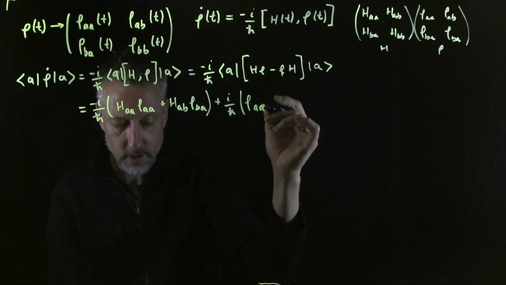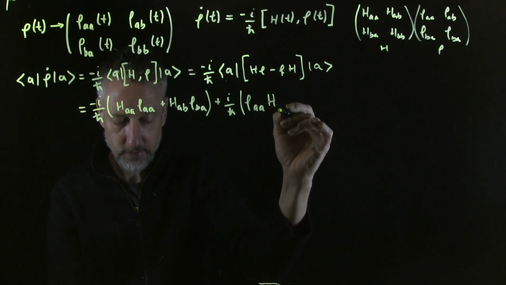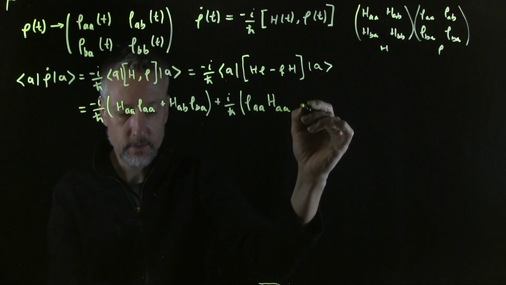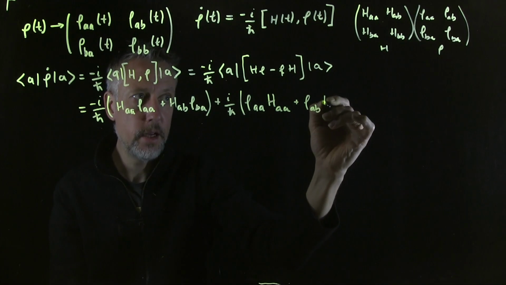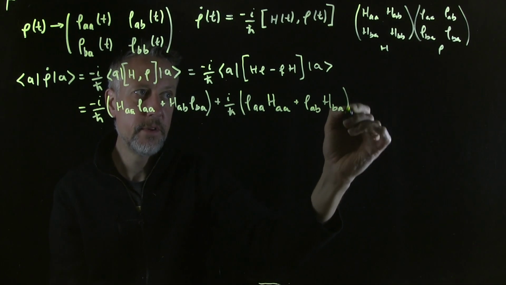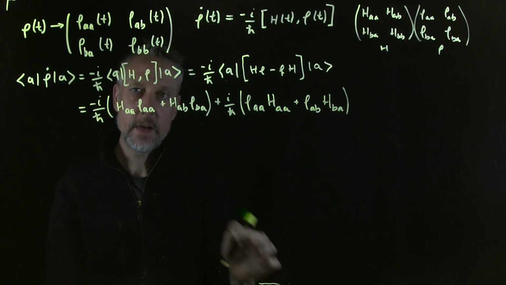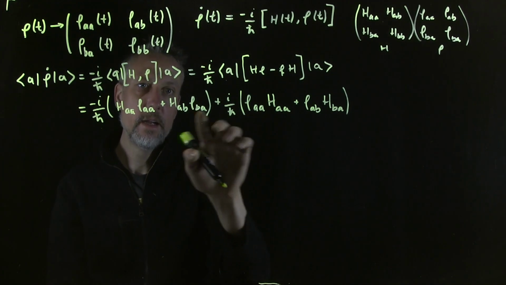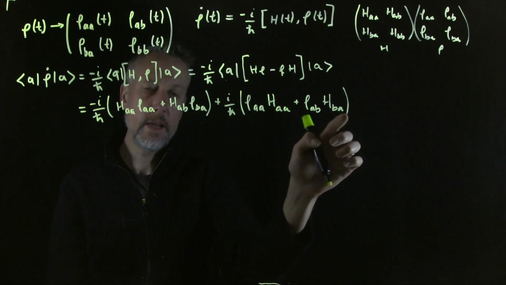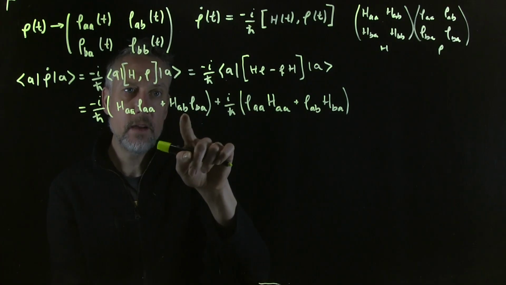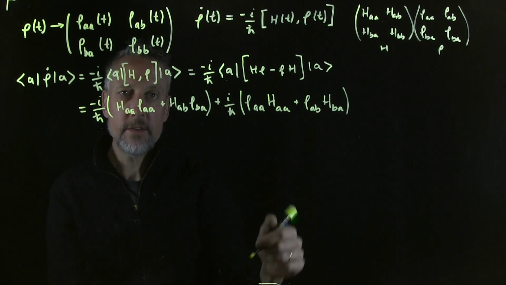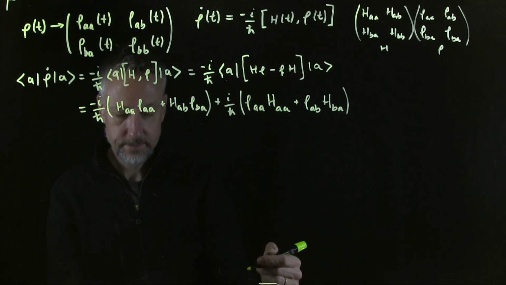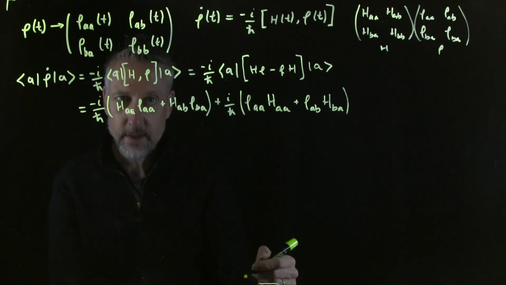The order of writing rho and H doesn't make any difference, but this is where it comes from, the other backwards order. Plus rho AB HBA. You see a lot of symmetry here, right? AA AA, AA AA, AB BA, AB BA. If you saw something like ABBA and ABAB, you could guess that you made a typo somewhere. Those are good hints about that.